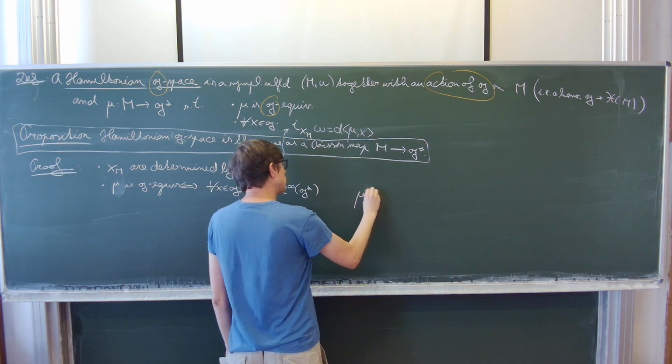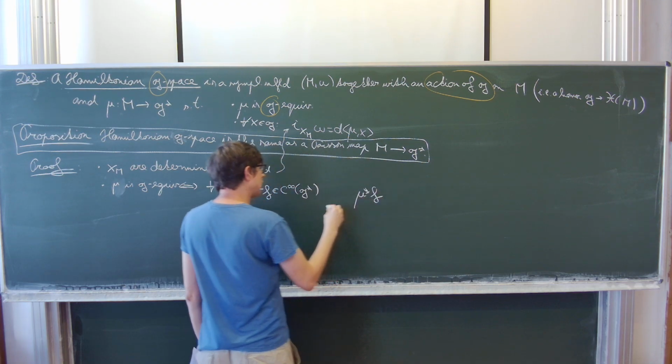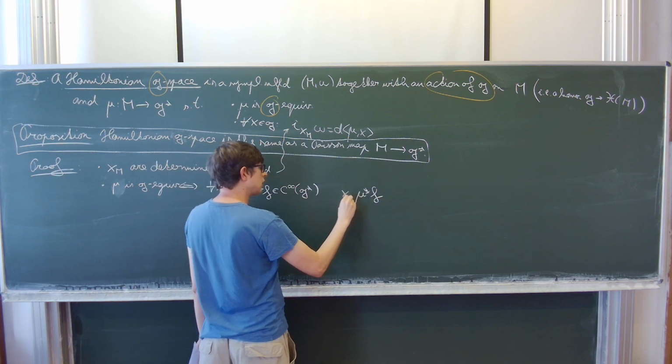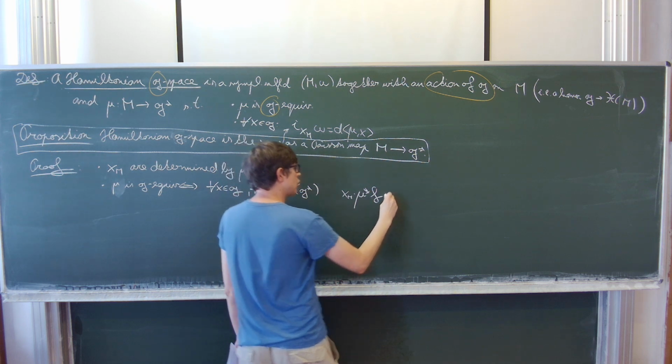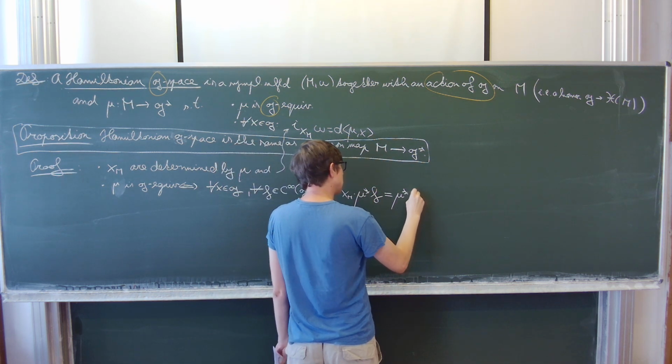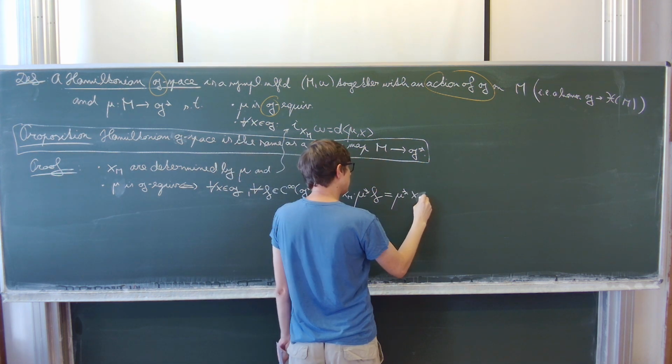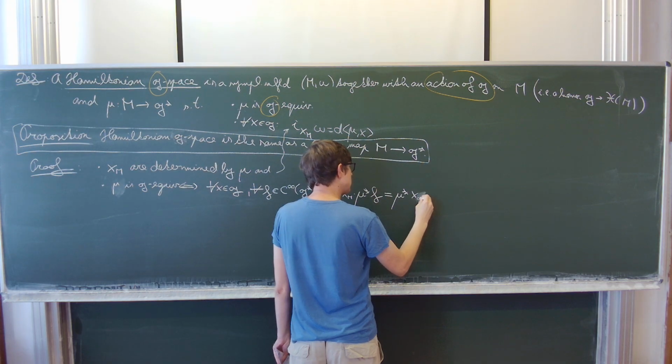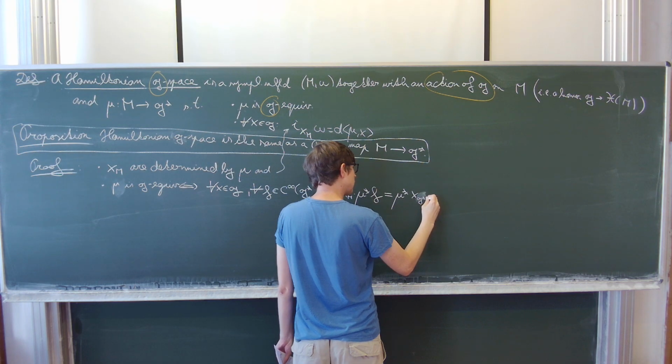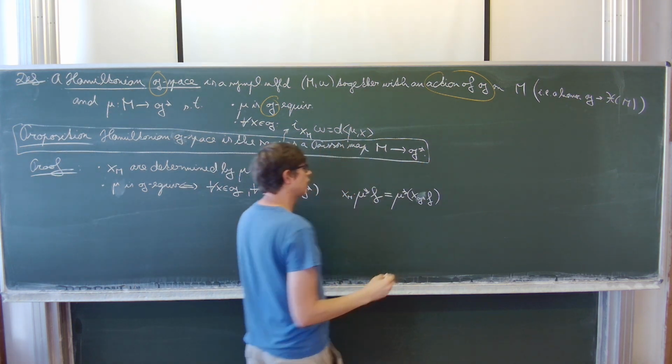If I pull back a function and then I act with this X_M, this should be the same as acting here on G star and then pulling back.